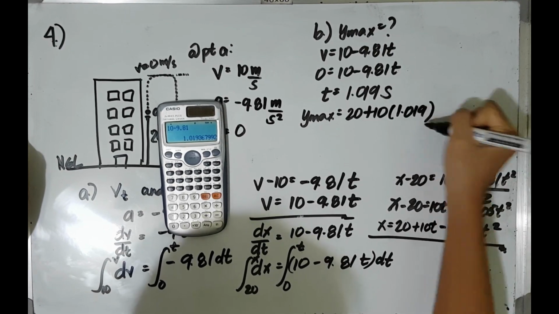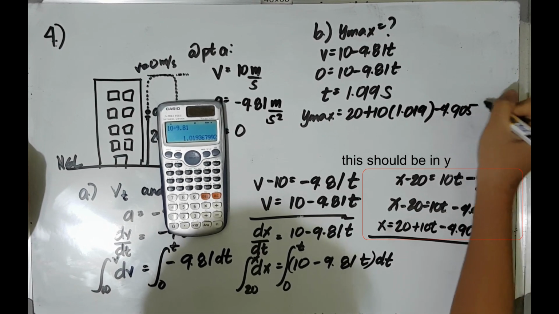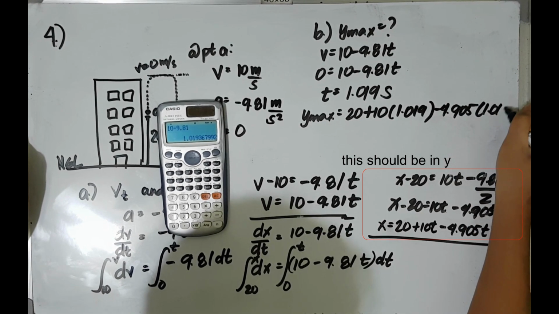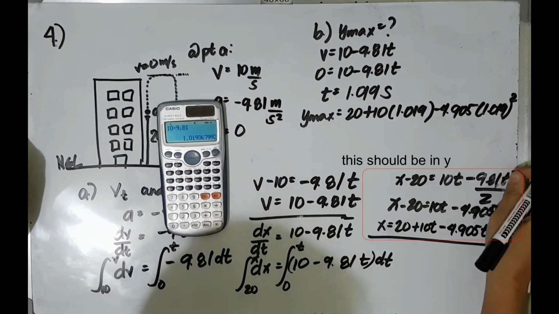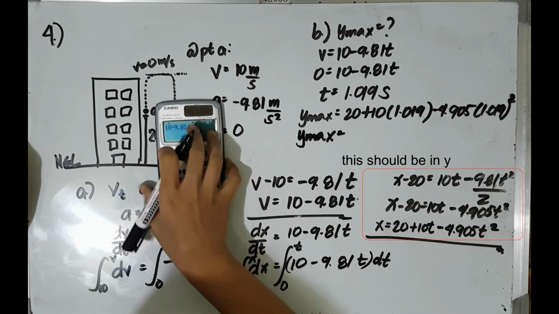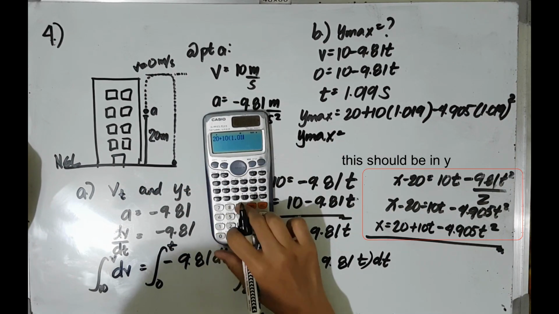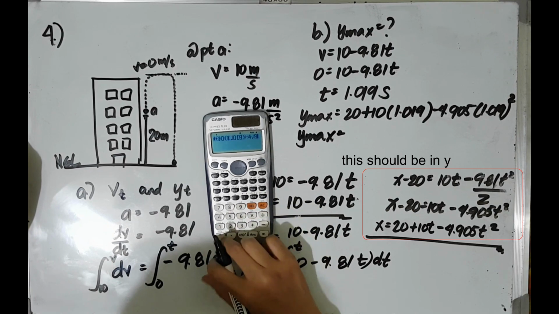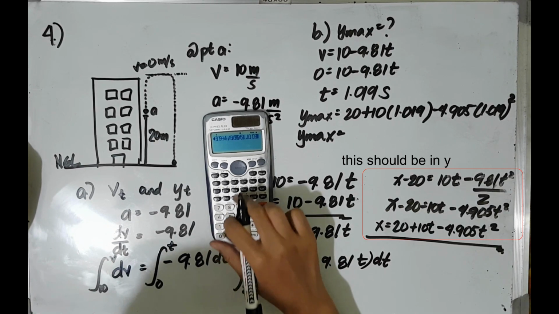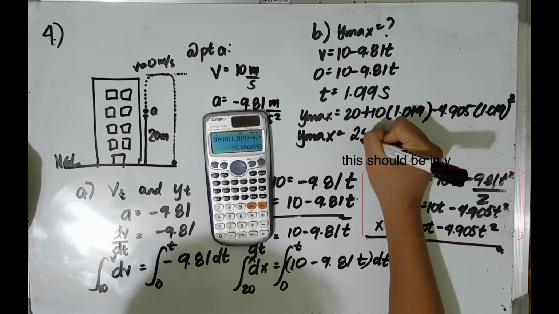I used x kanina, so it is better if I use y kanina in solving the position equation, since it is directed along the y-axis. So di bale, parehas lang naman. But next time, i-reflect ko na sa inyo para uniform yung paggamit natin ng x and y.